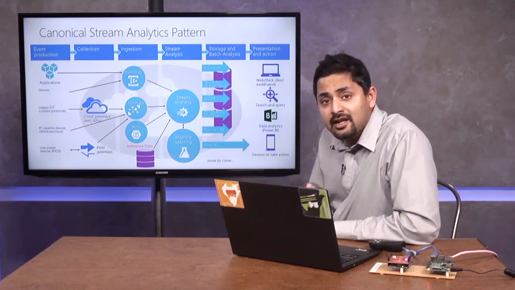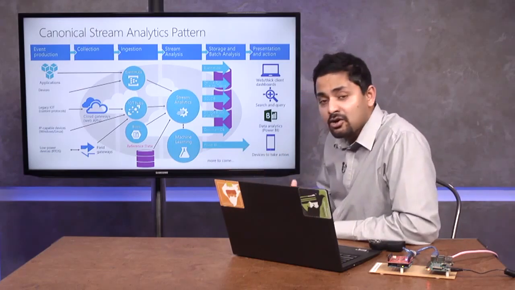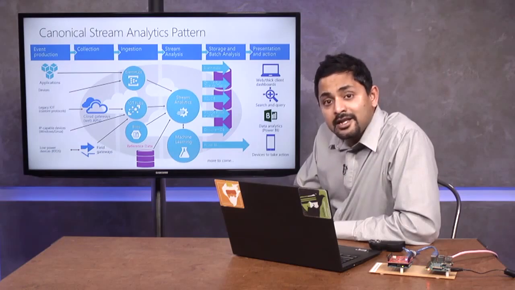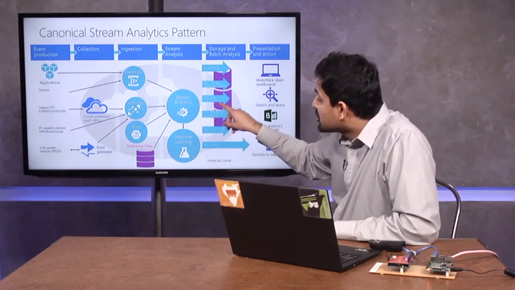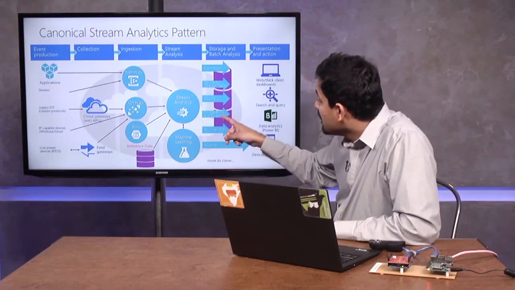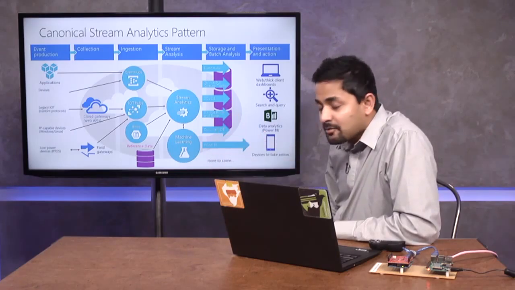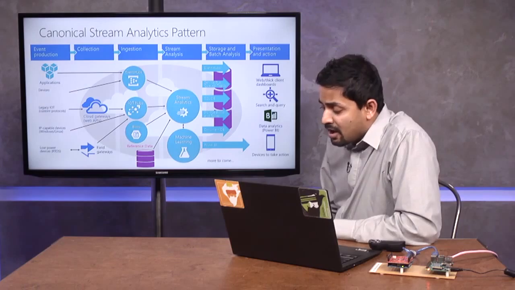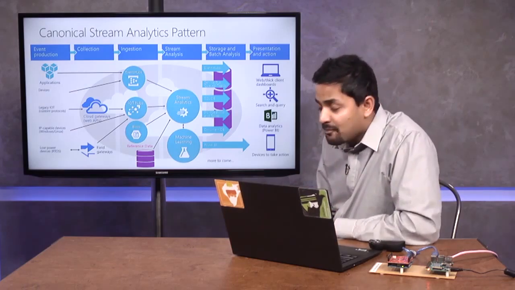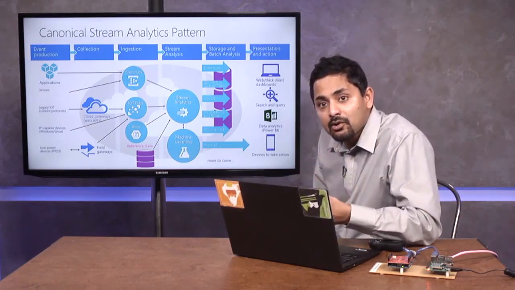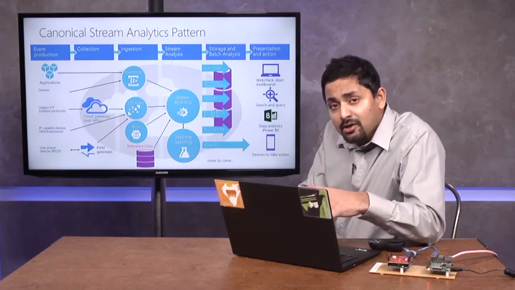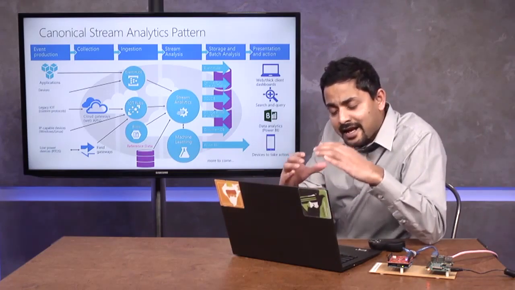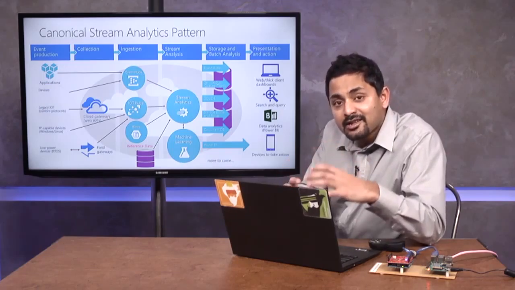I can also take the data, enrich the data, and archive it in order to do post-processing. So in the predictive maintenance scenario, I'm going to show you that as well. I can push the data to things like SQL DB, blob stores, table stores, document DB, Azure Data Lake, and a bunch of other places where I can do some of my cold path analysis. So let me talk about Stream Analytics, because that is the first part where I can do my real-time insights.